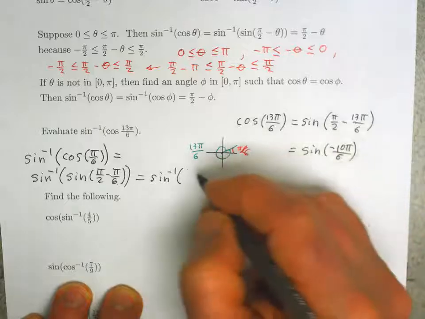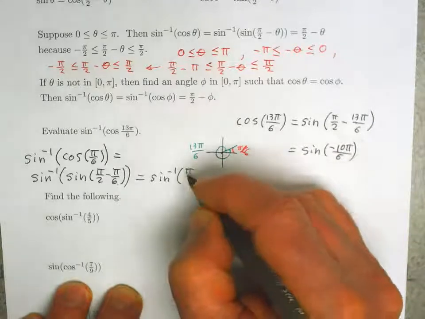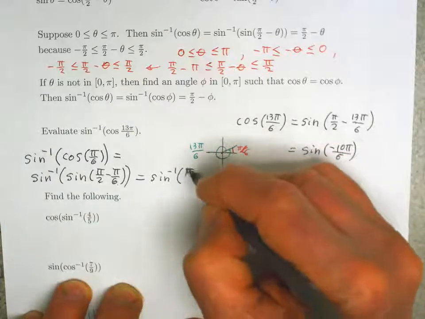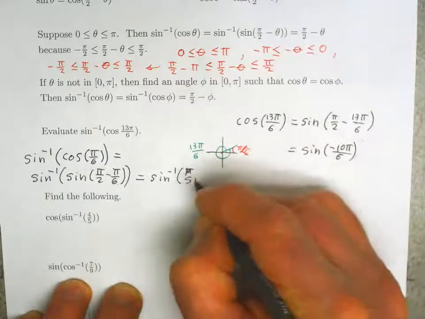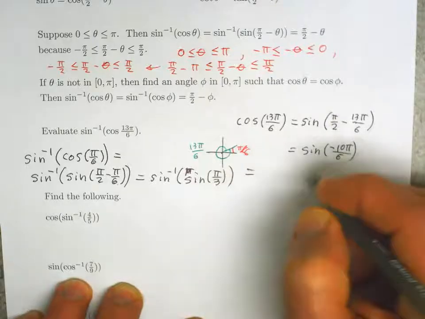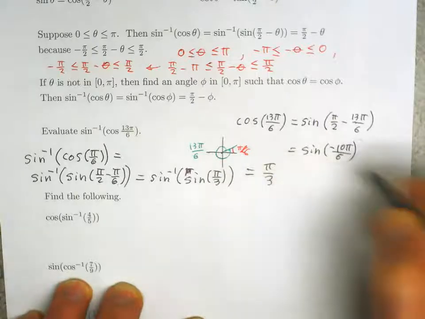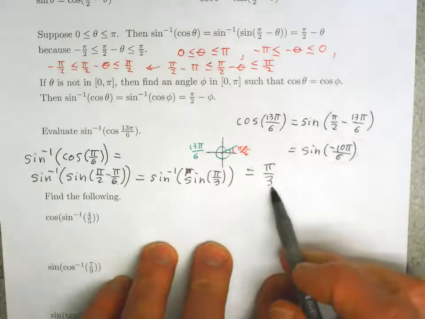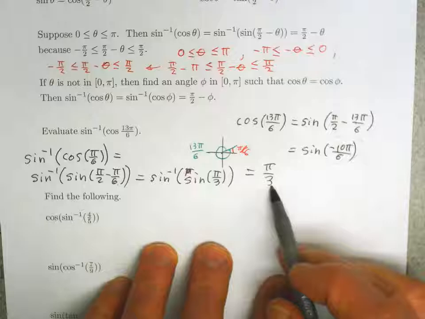The 60-degree angle is pi over 3. Sorry, inverse sine of sine of pi over 3. And this will equal pi over 3 because pi over 3 is in the interval from negative pi over 2 to pi over 2.